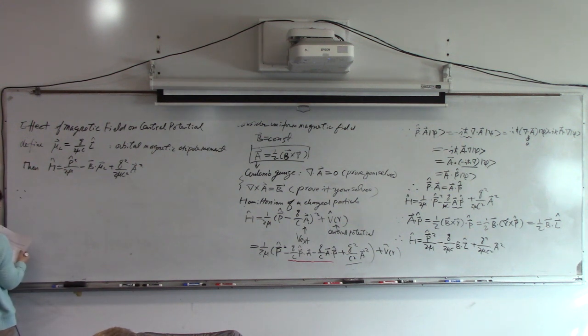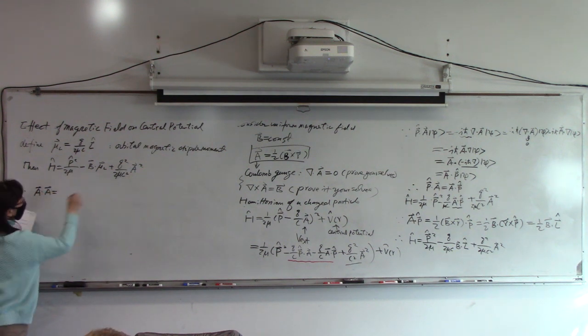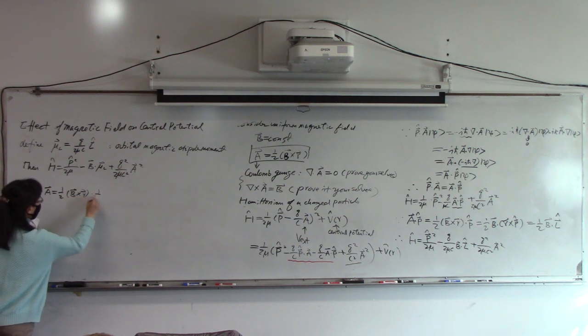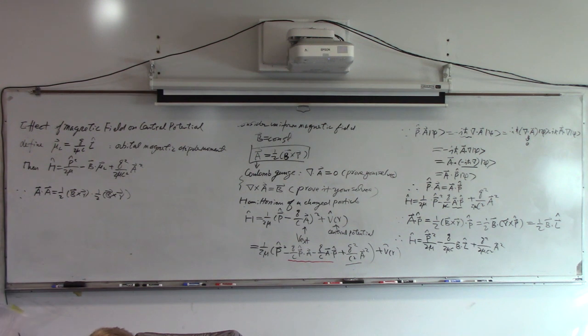Last term, we're going to use, because this is a square, right? A is here, that is half of B cross R, inner product with another half B cross R. Who is familiar with how to deal with the inner product of two cross products?